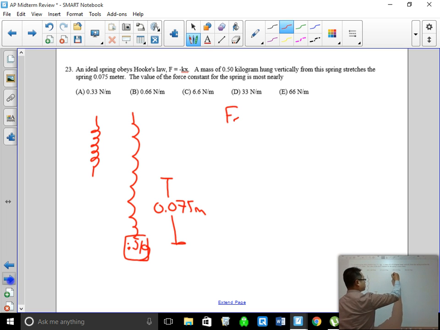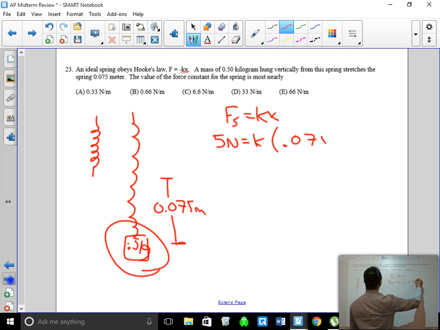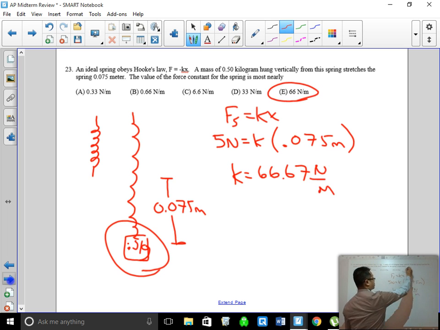Well, Fs equals kx. The force that's pulling down on it is the weight of the block, so that's 5 newtons, which equals k times the amount stretched. It's not the original length of the spring or the new length of the spring, it's the actual amount stretched, which they give us, which, using your calculator, you end up with 66.67 newtons per meter. In other words, choice E.